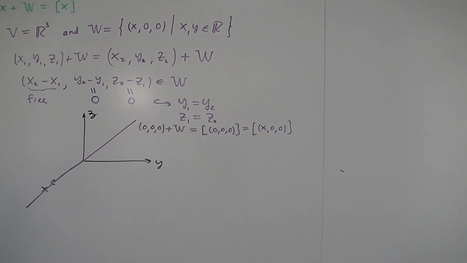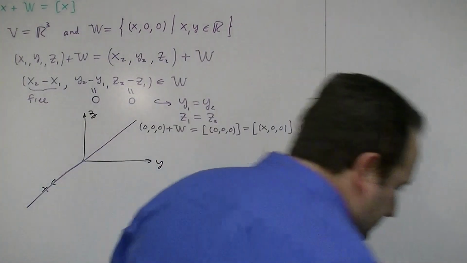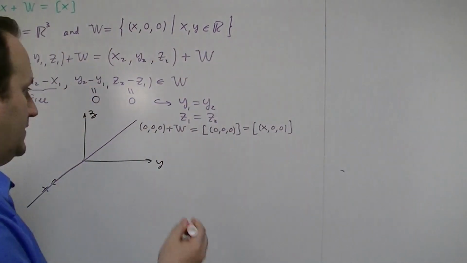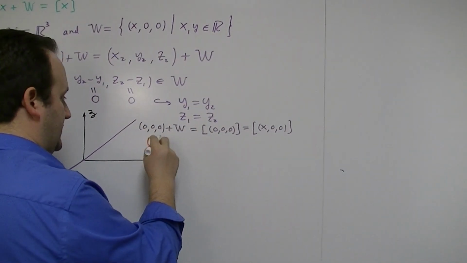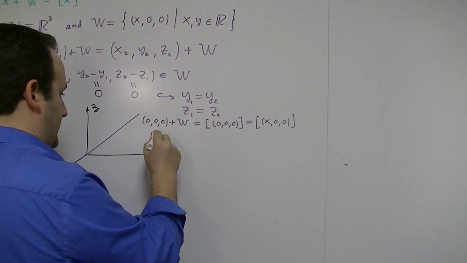So another coset here would be something like, let's see here. How about geometrically, what would this one be?